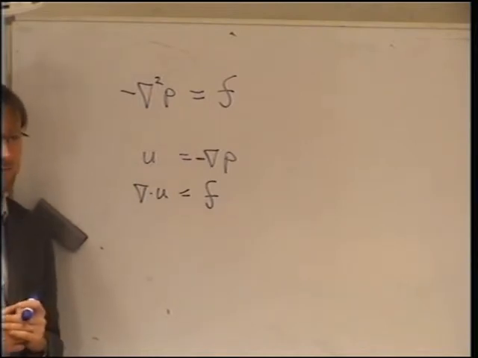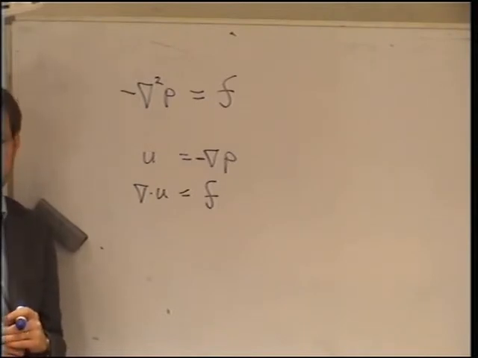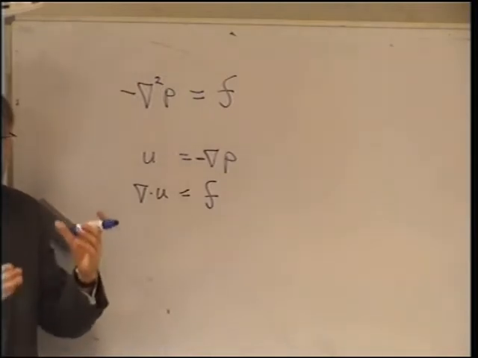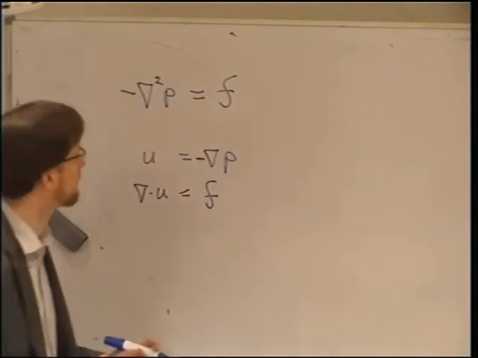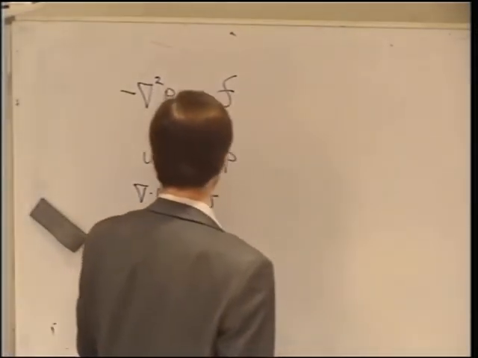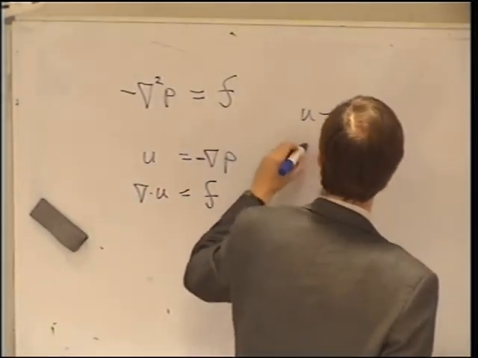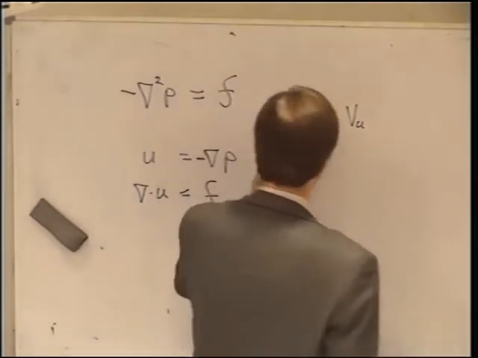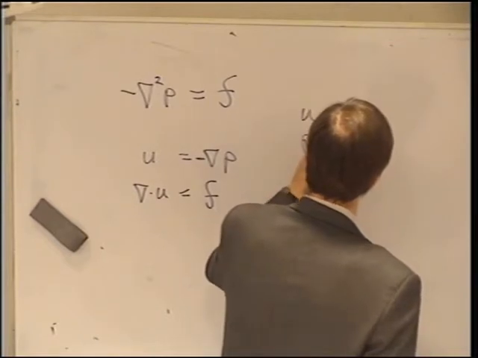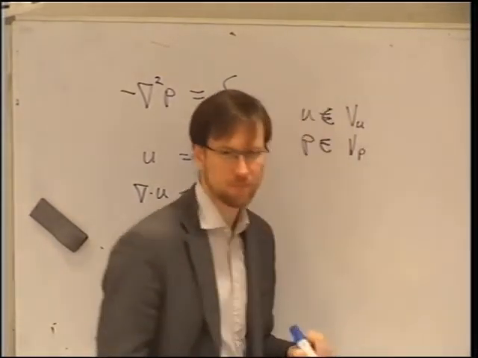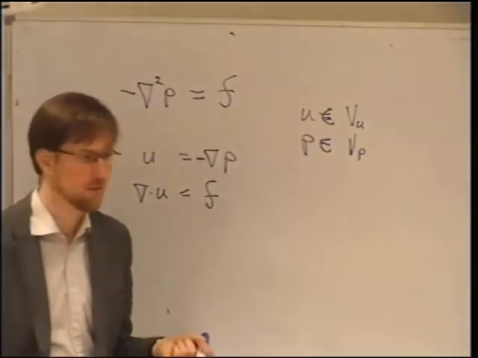And say, let's have a new function space. The new function space has variables that have two big components, a u part and a p part. So let's assume that u is in some suitable function space Vu, and p is in some suitable function space Vp, and I now form what we call the mixed space.